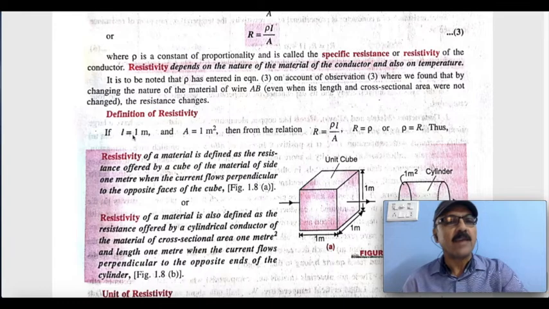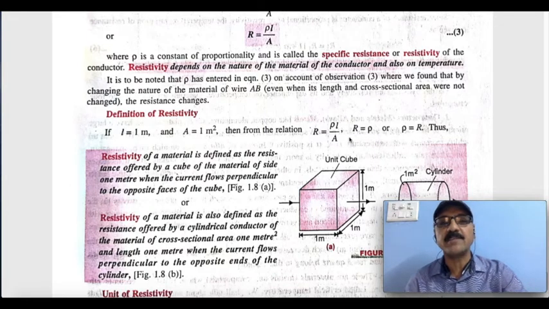If length L equal to 1 meter and area equal to 1 meter square, then from the relation R equal to rho L by A, R equal to rho. So the resistivity of a material is defined as the resistance offered by a cube of the material of side 1 meter when the current flows perpendicular to the opposite faces of the cube.